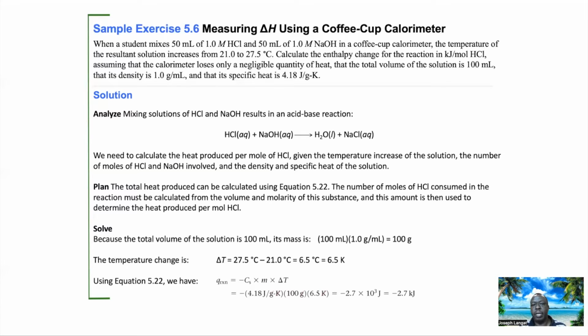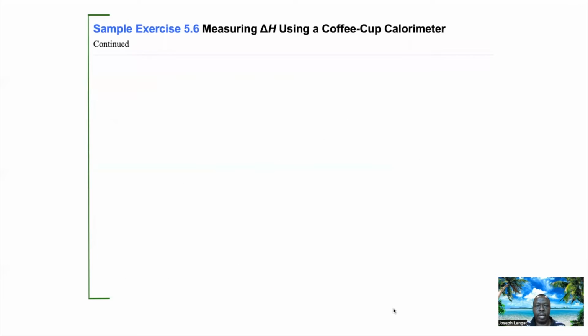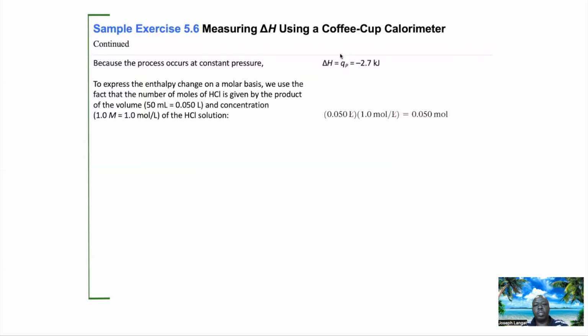Ask yourself, is it exothermic or is it endothermic? So that will be negative 2.7. Don't bubble out to positive 2.7. If this is going to be one of the questions in the exam, it is negative 2.7 for an exothermic reaction. So the change in enthalpy is the same as the heat of reaction at constant pressure.